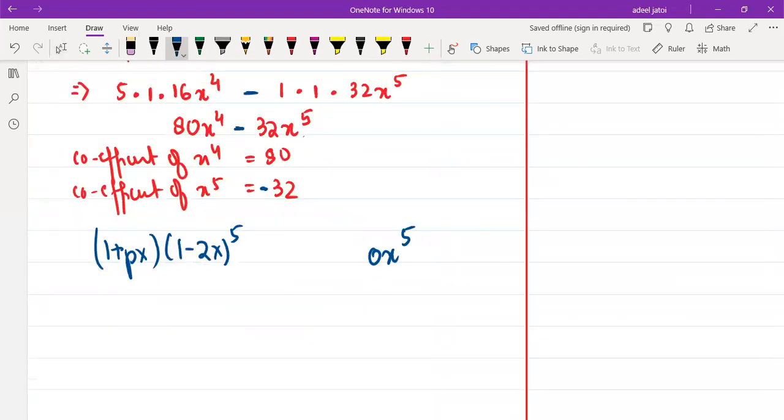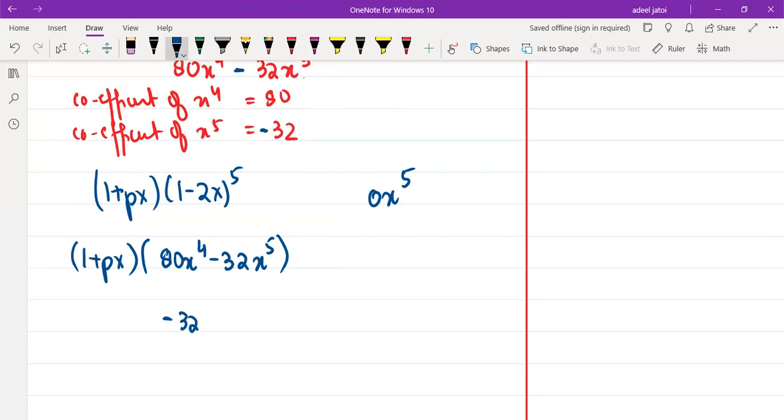We can easily say (1 plus px) can be multiplied by 80x to the power 4 minus 32x to the power 5. You do not need any other powers, because 1 multiplied by minus 32x to the power 5 will obviously give minus 32x to the power 5, whereas px multiplied by 80x to the power 4 should be 80p x to the power 5, and this should all be equal to 0x to the power 5.